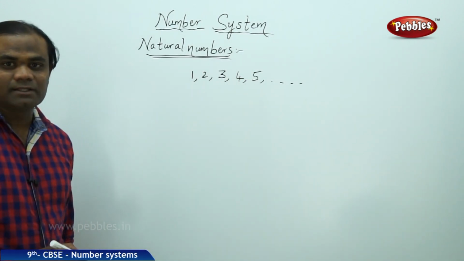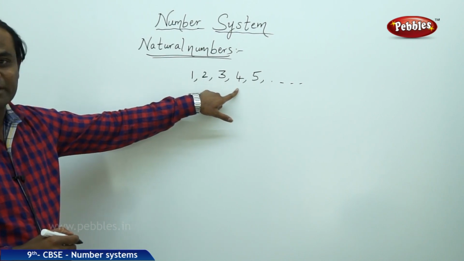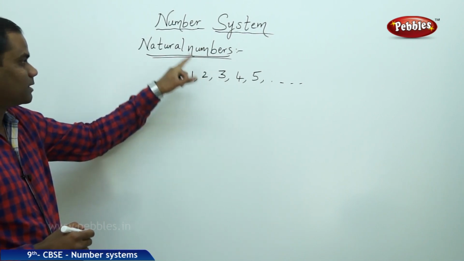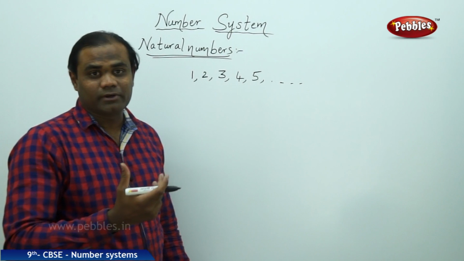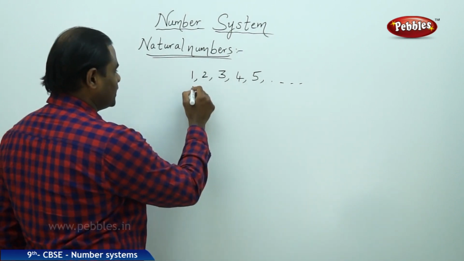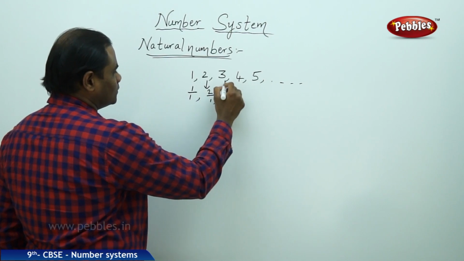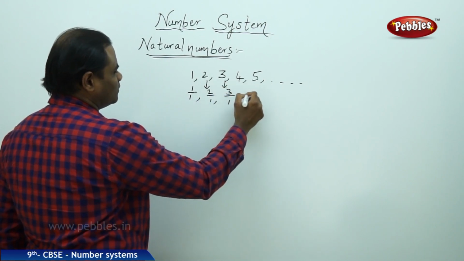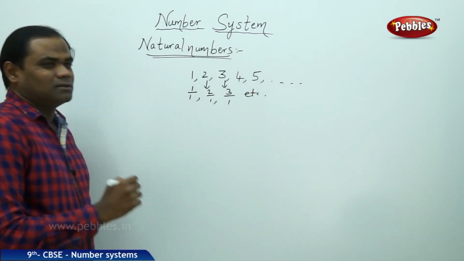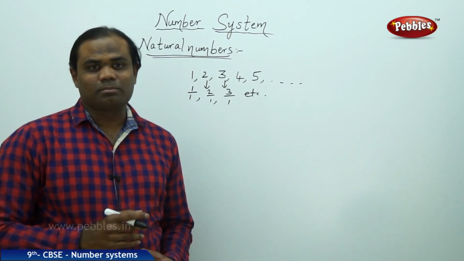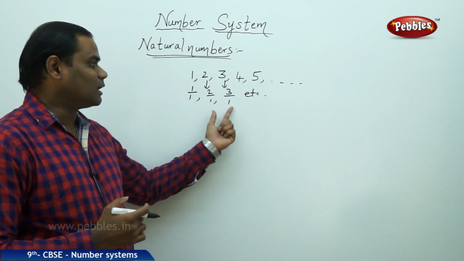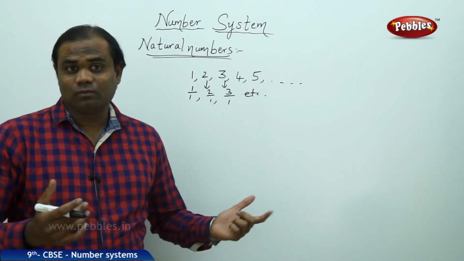The reason being that they cannot be expressed in a fraction form but can be expressed on the whole with denominator as 1. Say for example, I can write this as 1 by 1, this as 2 by 1, this as 3 by 1, and so on.